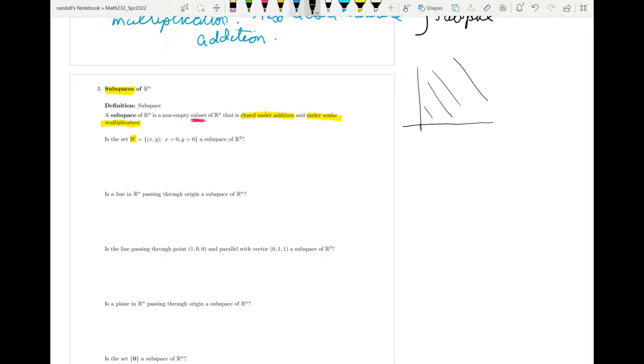Is it a subspace? Well, let's check for closure under addition. Let's take two vectors, u = (x1, y1) and w = (x2, y2), where xi and yi are all positive.